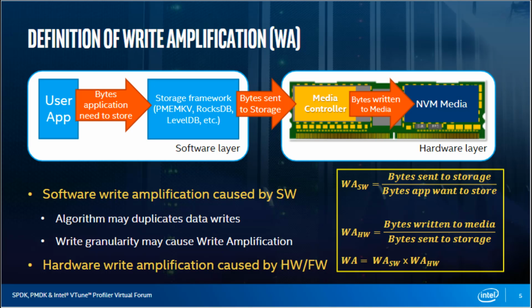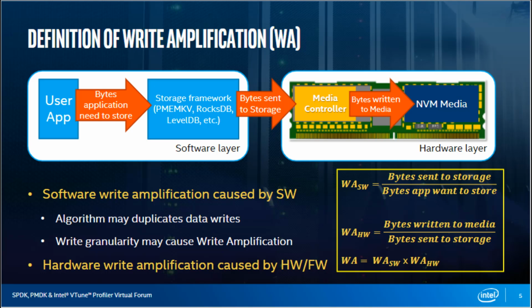For PMDK, since it's developed for persistent memory, the grain size is just a cache line, but let's imagine we need to update just 1 byte. In that case, the full cache line is sent to the storage device, and we might say that the software write amplification is 64, right?